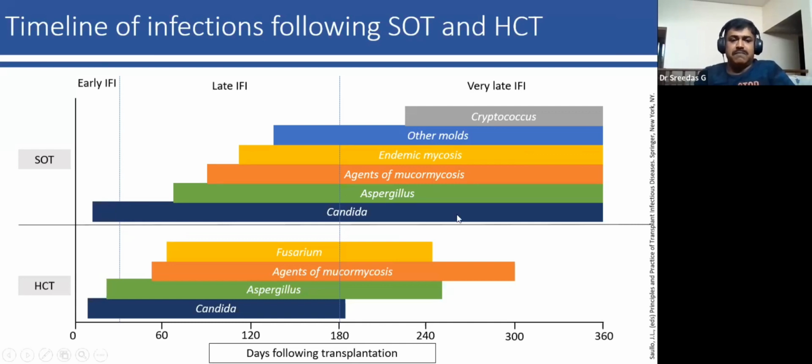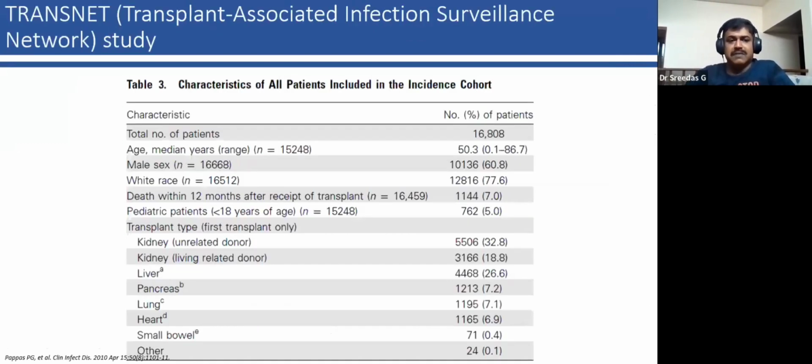When we go to the late period from the first month, apart from candida, we have aspergillus, mucor, and other endemic mycoses. And when we come to the very late period after 6 months of transplant, again, apart from these, you have the cryptococcus also coming.